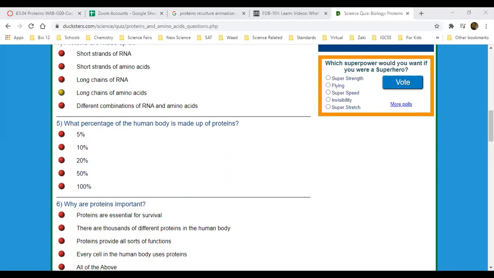Would you like to read question number 5? Okay. What percentage of the body is made of proteins? 5% or 10% or 20% or 50% or 100%? What do you think?